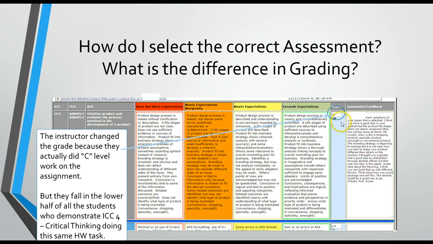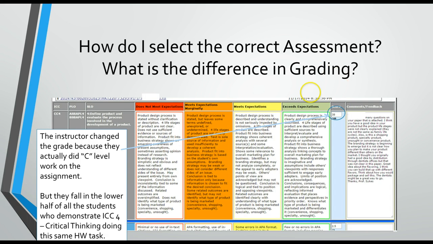So I had to give them a C on the assignment. But in terms of critical thinking and how they did with the rest of the class, I really think they're in the bottom half of our students. They did not think critically about this task very well, even though they put everything that was required in the assignment. So they didn't fail the assignment, but they just didn't do a very good job of thinking critically.